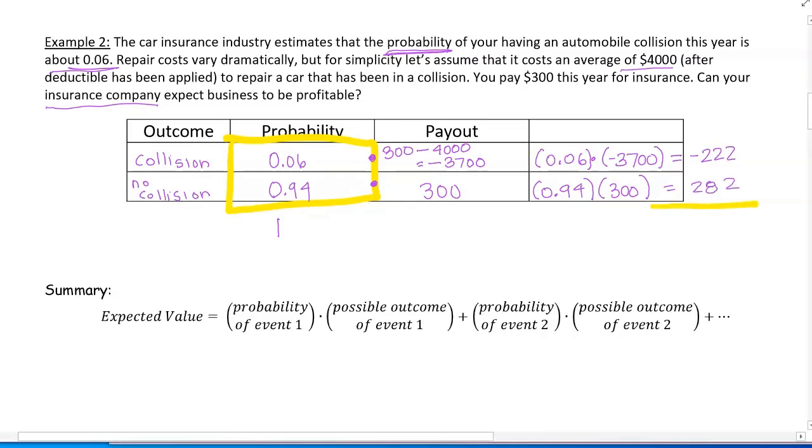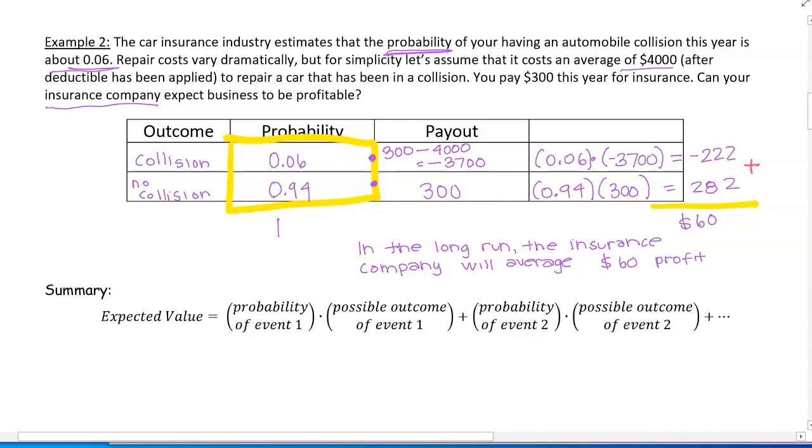Then when I add these two together, negative 222 plus positive 282, we get $60. This means in the long run, the insurance company will average $60 profit per driver.